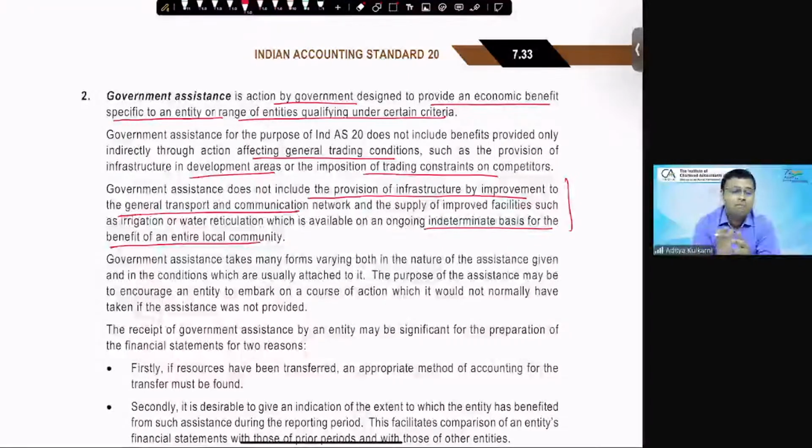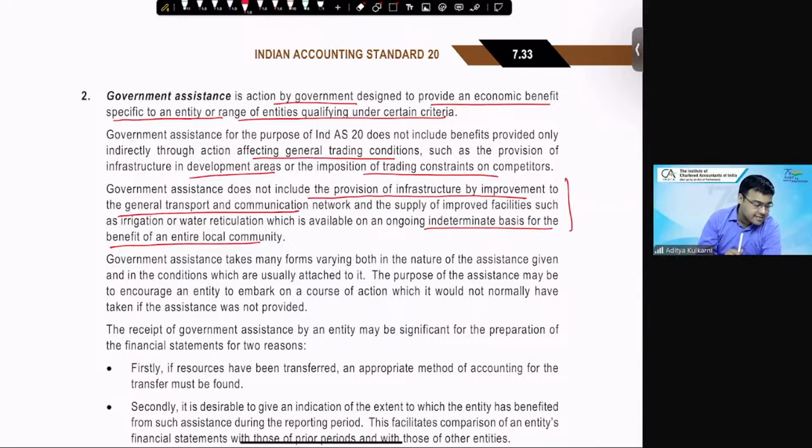But the setting up of this road has saved time, reduced cost, and therefore the government is reducing your costs. Is this a government grant or a government assistance? Answer is no. It's general infrastructure development. It's not specific to you as the entity.